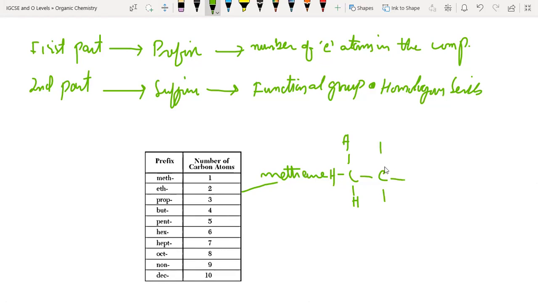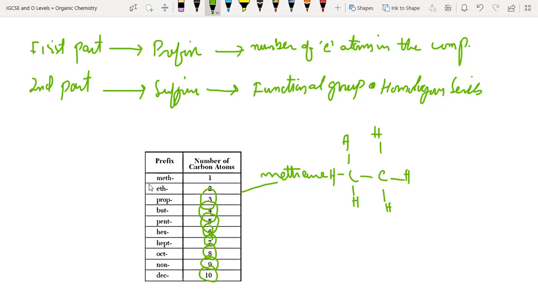The rest of the valencies are satisfied by hydrogen atoms. Similarly, propane will have 3 carbon atoms, butane will have 4, pentane 5, hexane 6, heptane 7, octane 8, nonane 9, and decane 10.